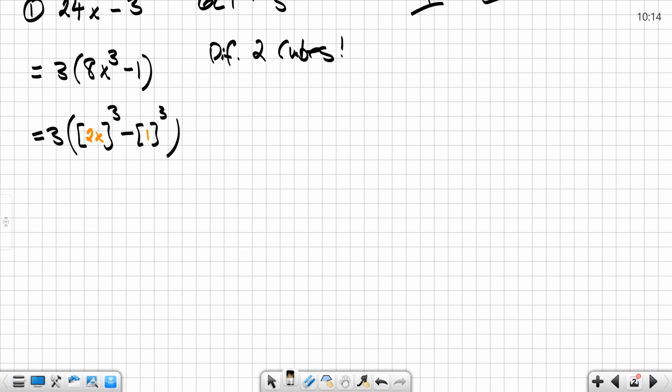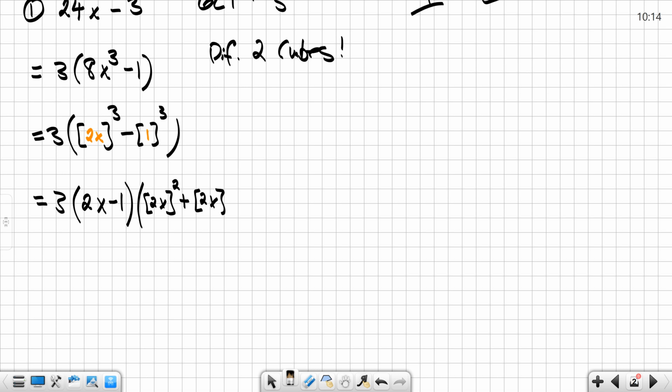That means now I can write this with my formula. The first factor is 2x minus 1. It has the same sign as before. In my second factor, I have 2x squared. The opposite sign of negative is positive.